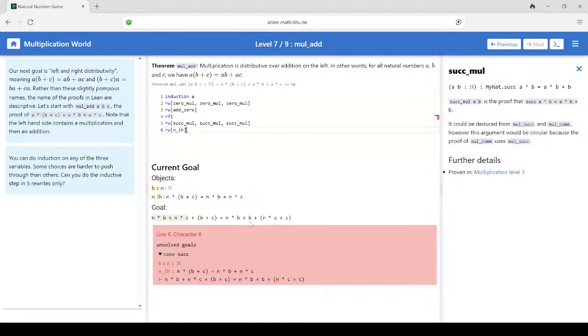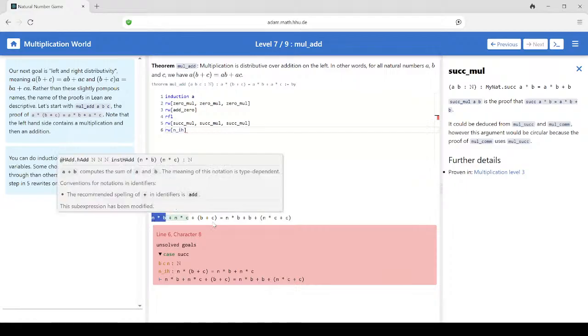We're getting somewhere? Maybe? n times b plus n times c plus b plus c equals n times b.